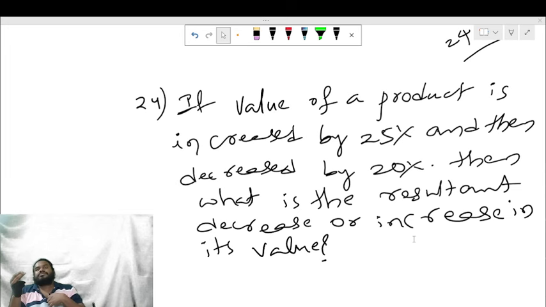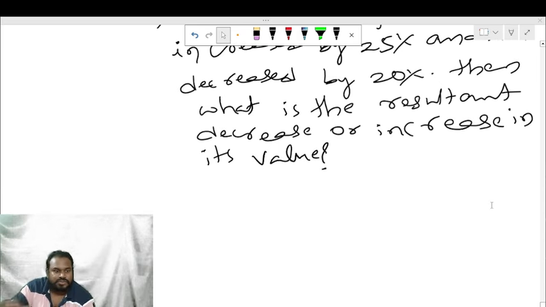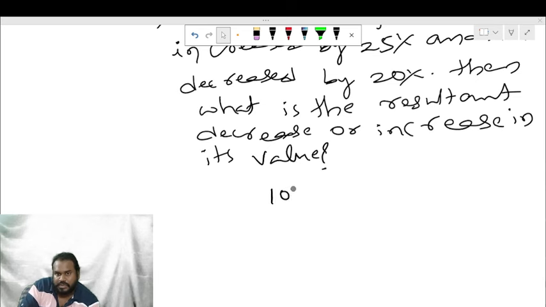Then increased by 25% means it will become 125. On 125, again I reduce it by 20%, that is 25 rupees I need to reduce. So then how much will it become? Like that, we will get the actual value. So now I will do it like this. It was 100 before.